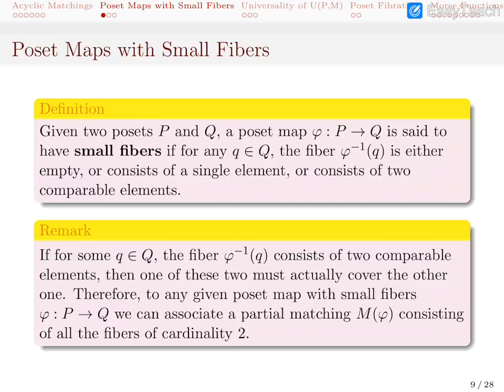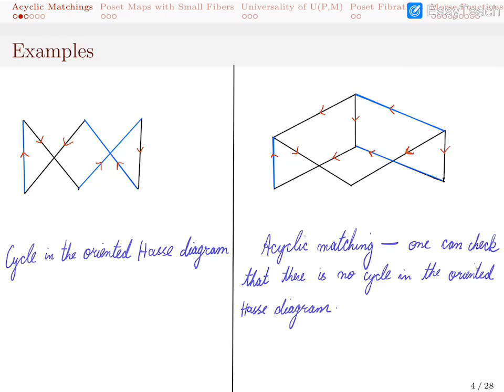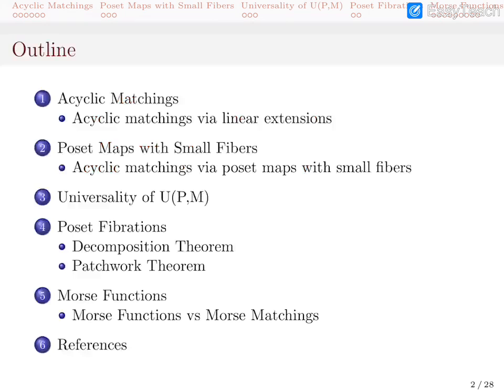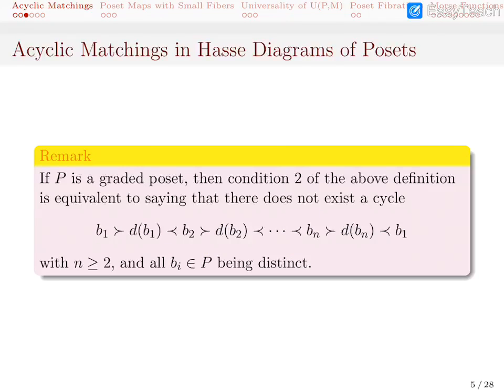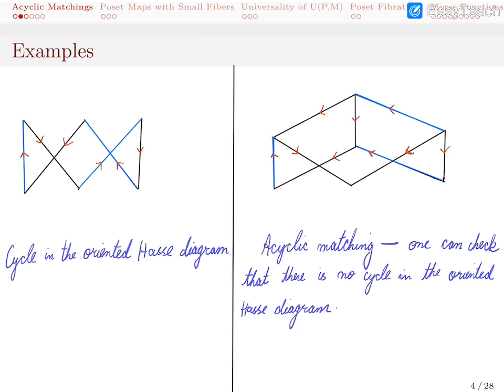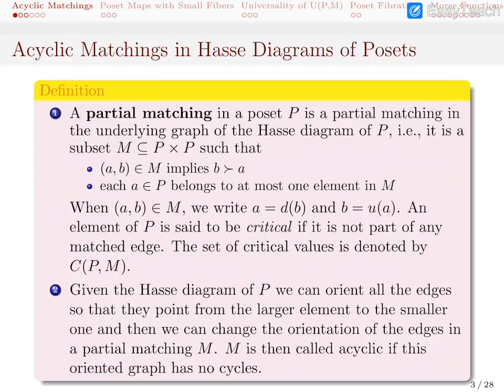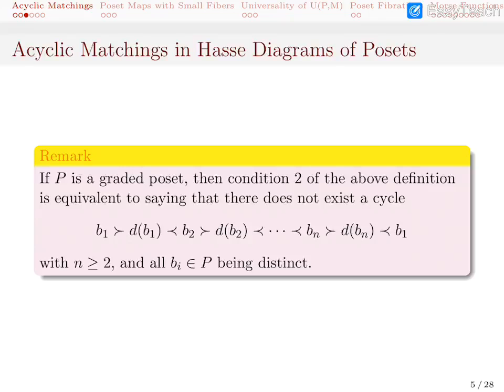So next we move on to, okay, before I move on, I will just remark something I missed here. Recall that in the definition of acyclic matching, we are just working with the graph of the Hasse diagram, but here there is a remark that if a poset is graded, then that condition on the graph being acyclic is in fact equivalent to saying that we do not have a cycle of this form.